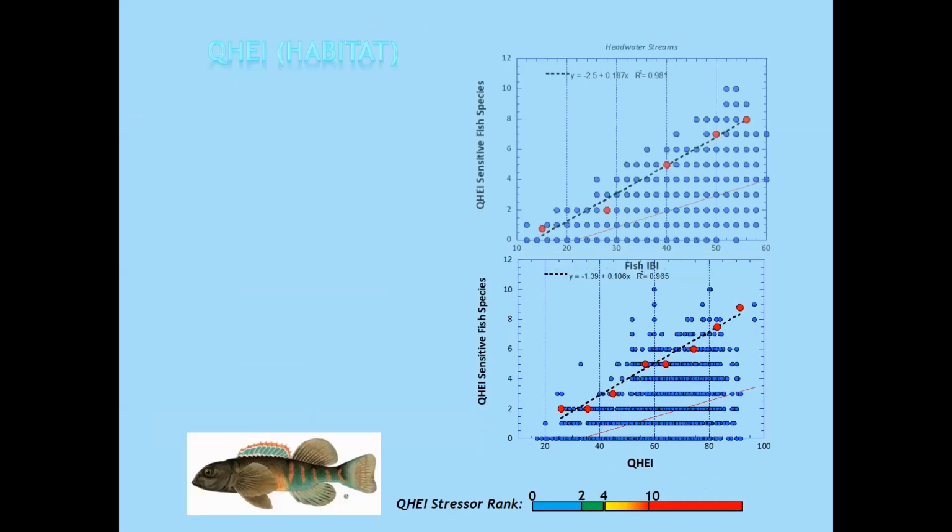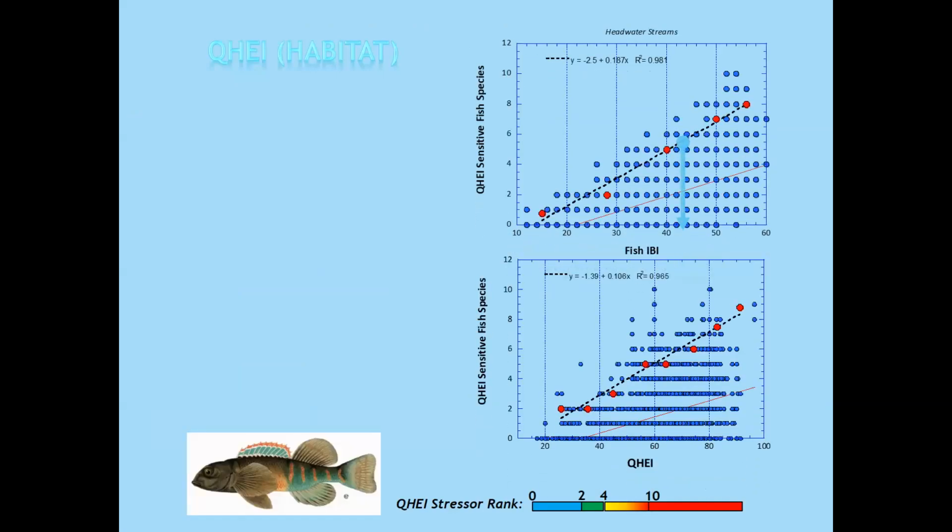So sensitive species. This is a relatively new technique. There is a good relationship, as we've seen, between a lot of our principal variables and fish and insect IBI, or even an aggregate IBI of those two. And that would be expected.